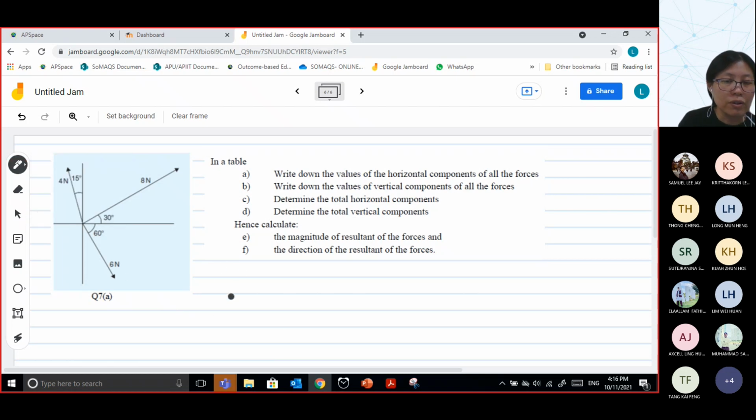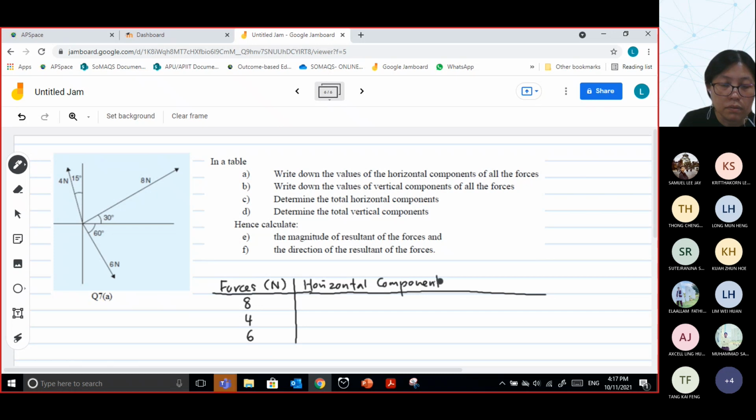So for the horizontal component, the forces that we have in Newton, we have the first one 8 Newton, second one 4 Newton, and the third is a 6 Newton, followed by the horizontal component. Then later we'll calculate the total.